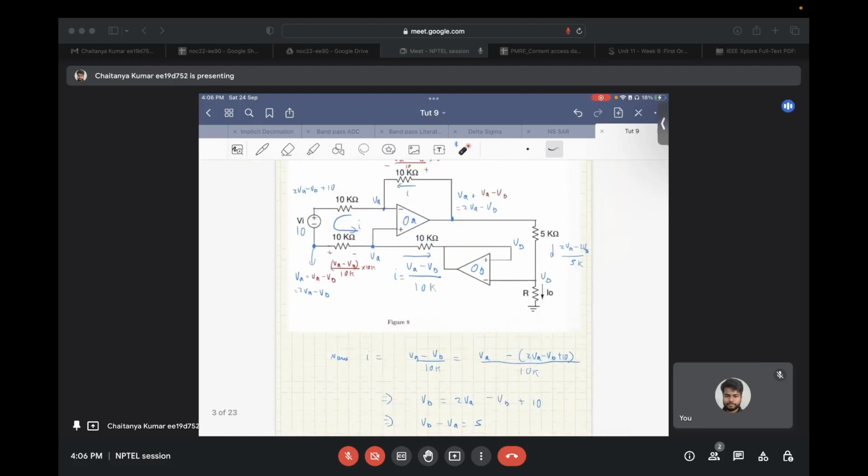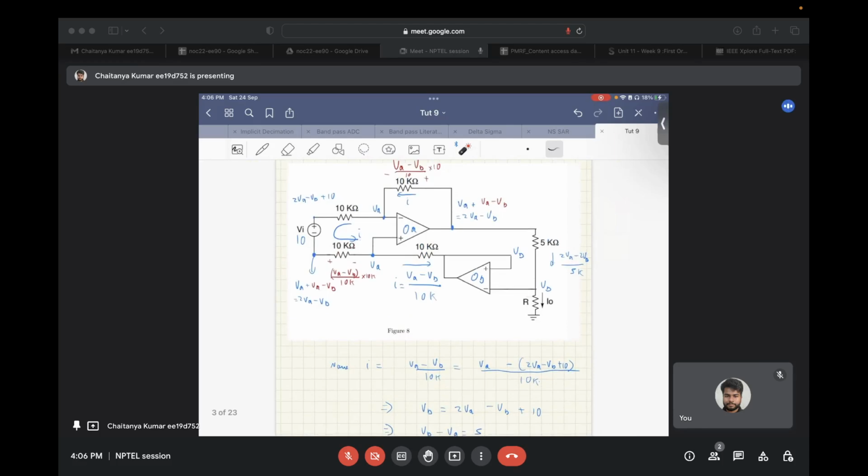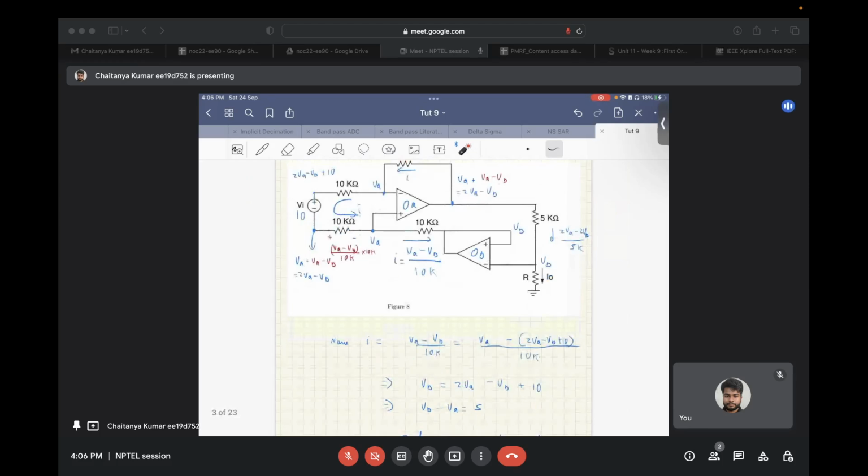Now, one thing that you should notice in this question is that irrespective of this resistance R, this complete circuit is giving you a fixed current of value I naught. And its value depends on what? Its value depends on your input voltage, that is Vi. So what you can say is that this is an ideal voltage to current source.